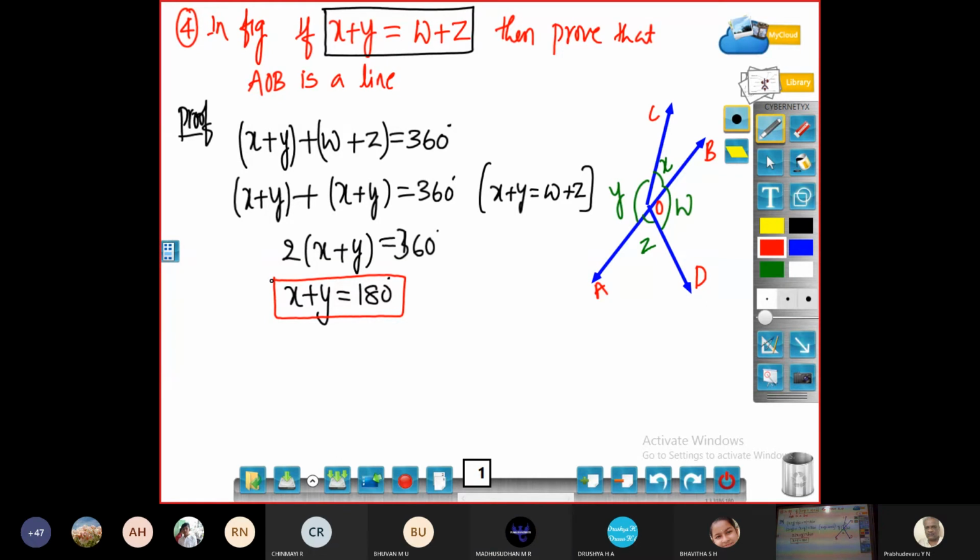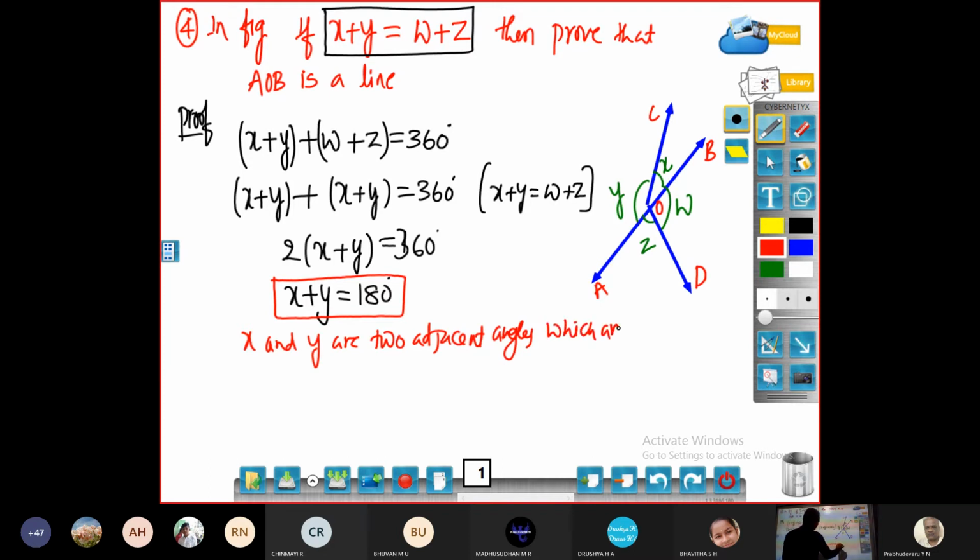So adjacent angles are 180 degree, so they are adjacent angles which are supplementary.